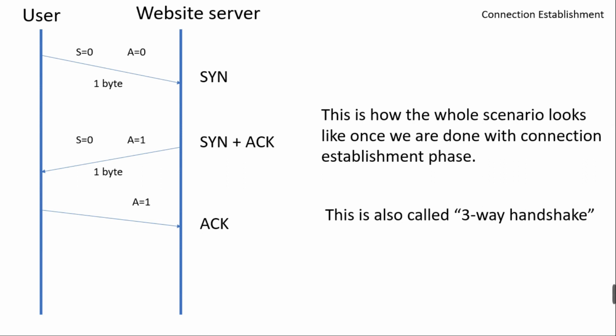This is how we can set up our basic communication, and this is what is happening right here. Those 3 steps are being set up between both sides, user and server.